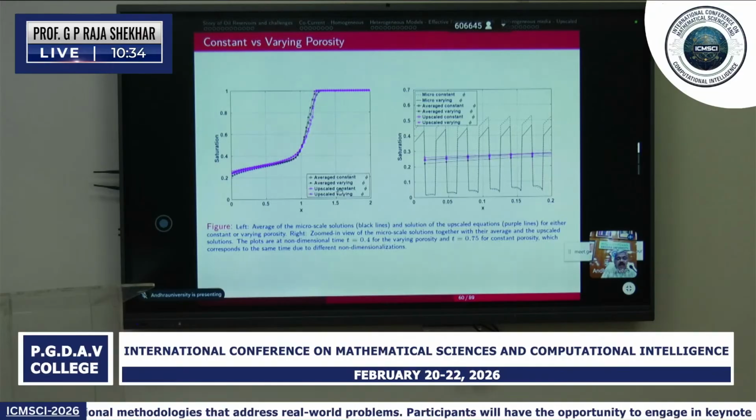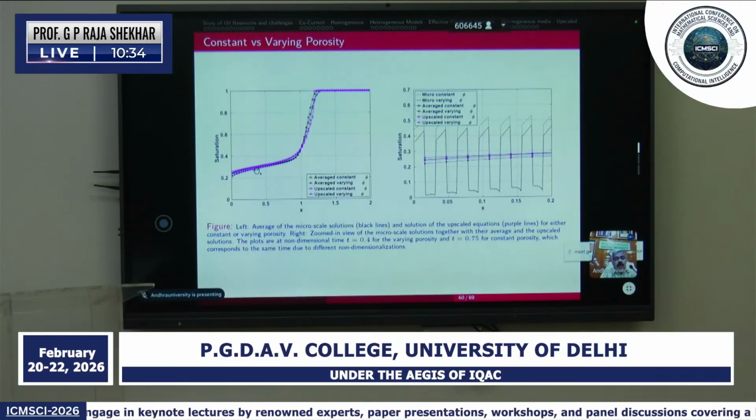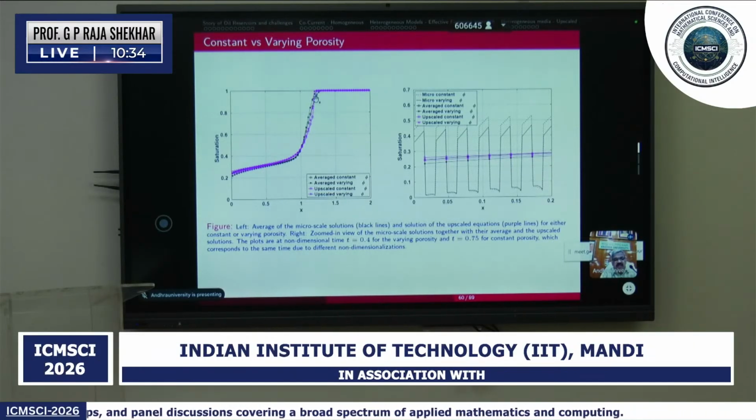So here, average constant porosity and upscaled constant porosity are plotted side by side. You can see from the inlet to almost close to the middle, upscaled is slightly overperforming, but later on it is underperforming until saturation occurs, and towards the end there is a small crossover.